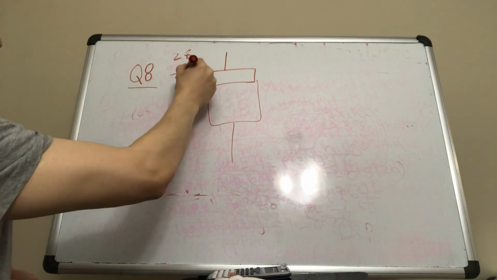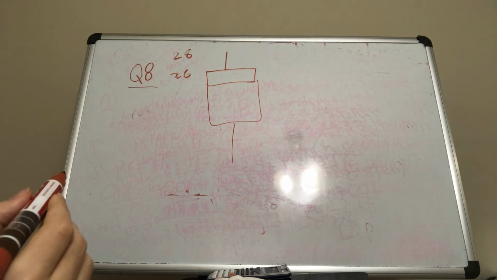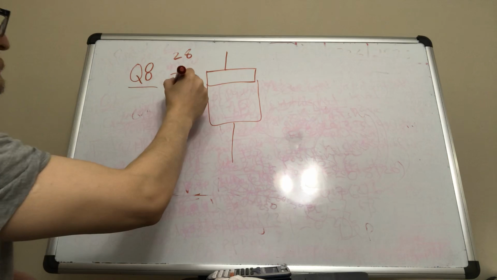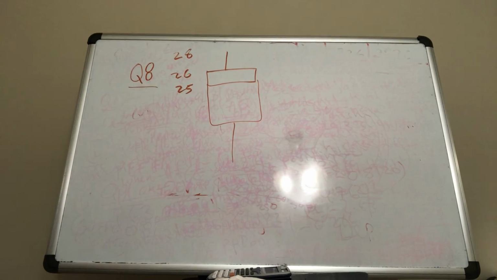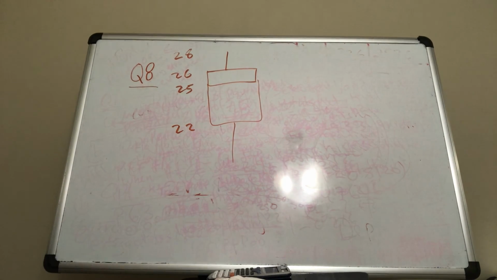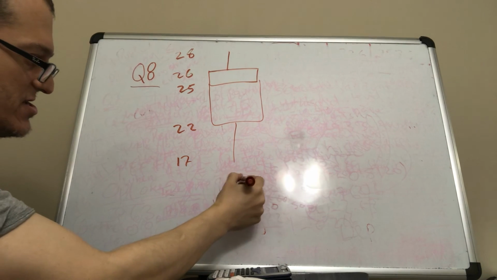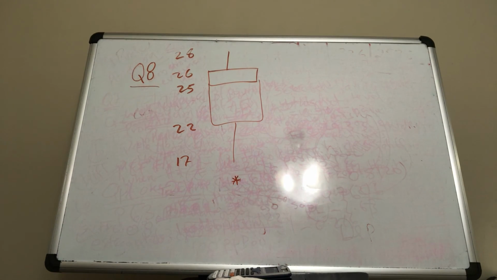This number here at 26, this level. Then we have this one at 25. This one at 22. I believe this one at 17. And there is a star here. And the star looks like it's at 15.